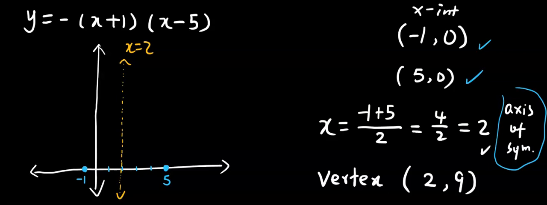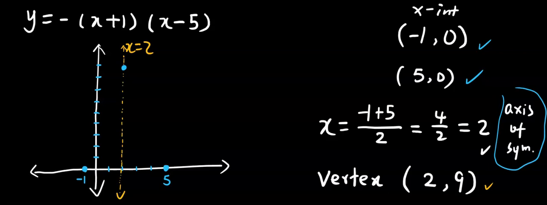All right, we need our vertex (2, 9). Let's graph this. The vertex is 2 on x, and 9 on y: 2, 3, 4, 5, 6, 7, 8, 9. (2, 9) is right here. I'm going to erase this and make it a little bit longer.